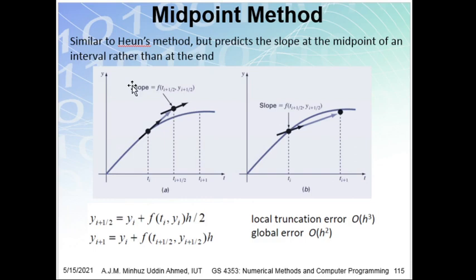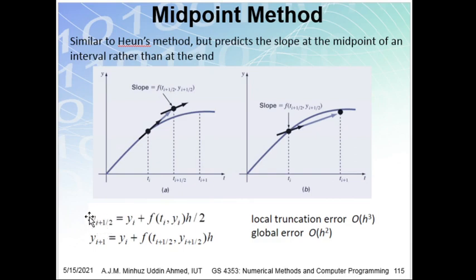If we want the slope at this point, first we have to go to this predicted point using Euler's method. So the step size will be half in the first case. If it is h, we will use h by 2 to get to this point, and that's why h by 2 has been used here, as you can see.